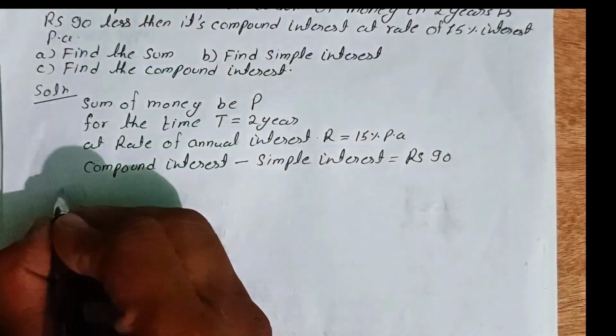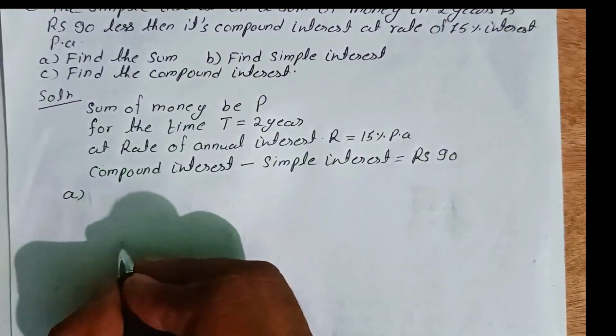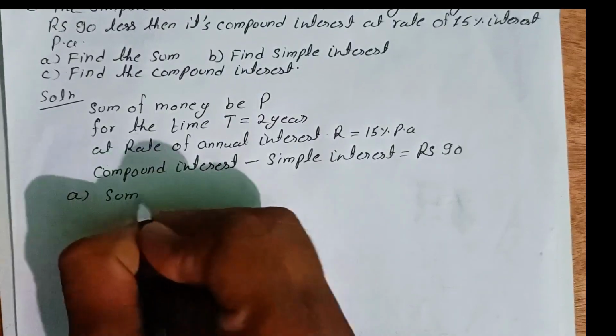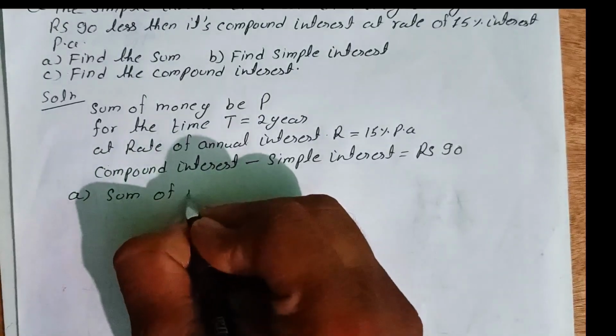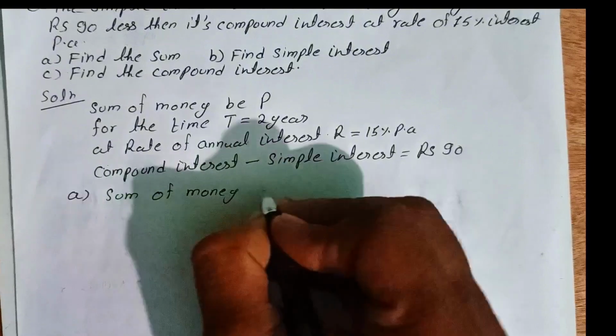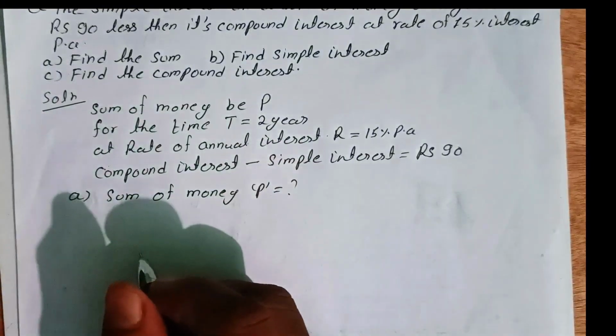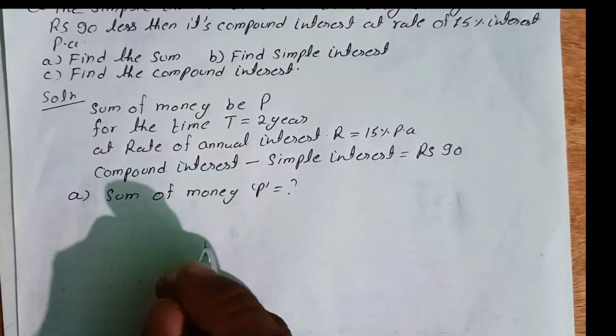So for question A we have to find the sum of money. So to find the sum of money, equal to what? The principal value. The sum of money is what we have to find.